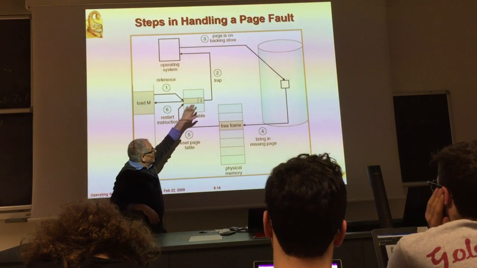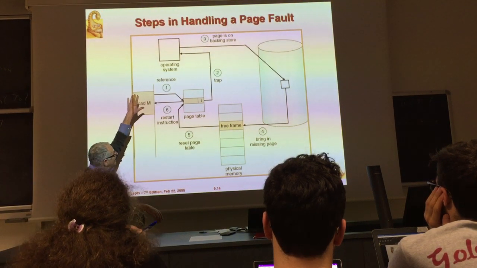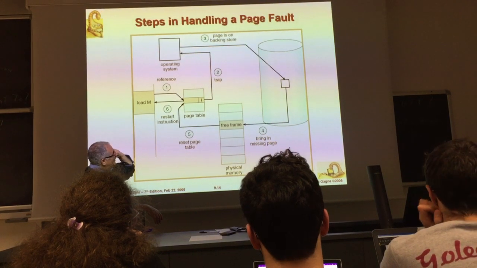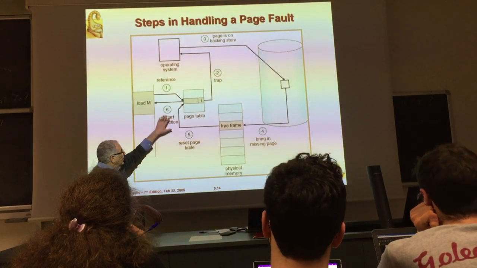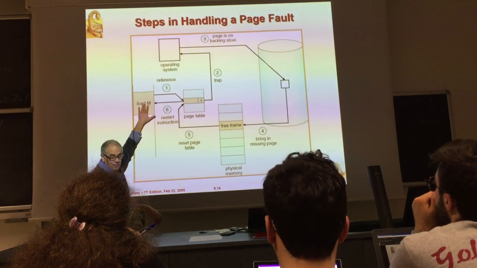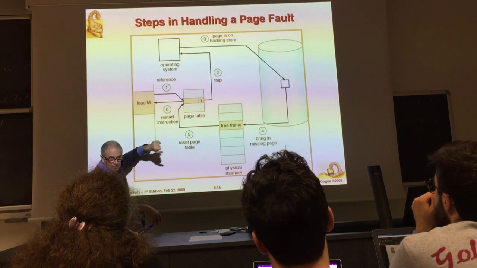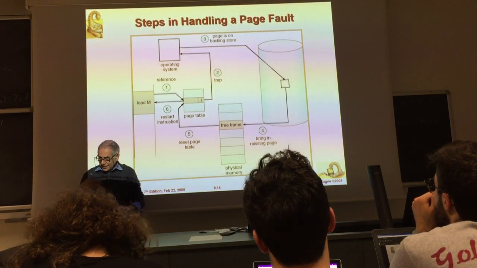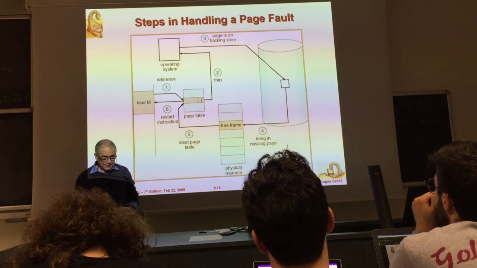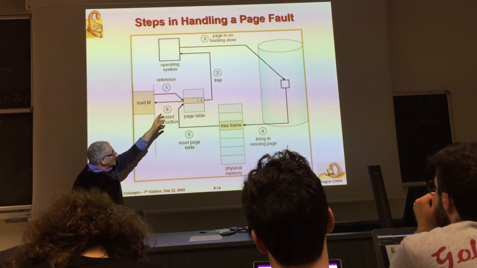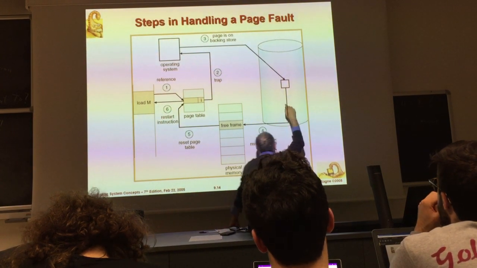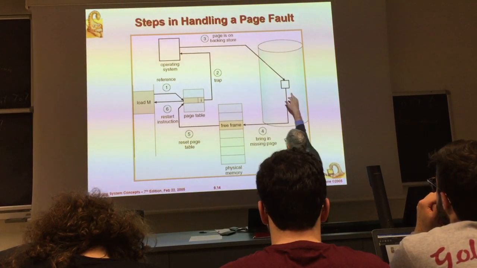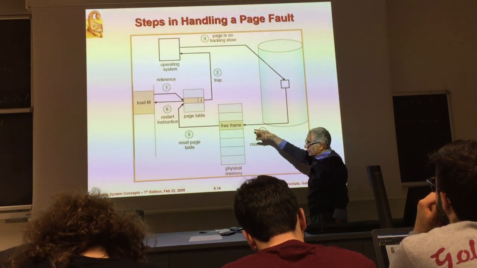This trap is managed by the kernel. What happens at this point is that the process that did this load M is put in the blocked state, and another process may run. The kernel prepares the transfer of the missing page, where M is located, into a free frame.